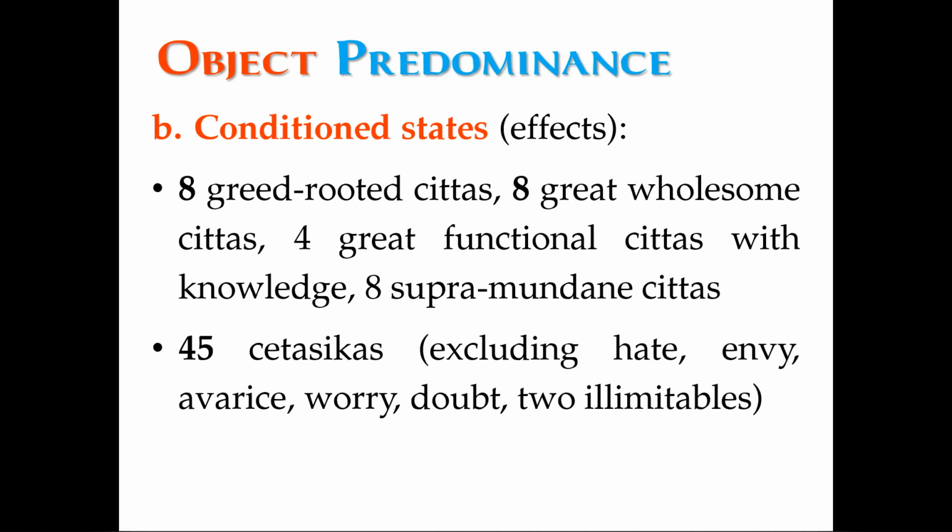So after experiencing object predominance, you will have the following: 8 great rooted chetas, 8 great wholesome chetas, 4 great functional chetas with the knowledge, and 8 supramundane chetas. Because according to the commentaries, jhana chetas normally take the object of concept.